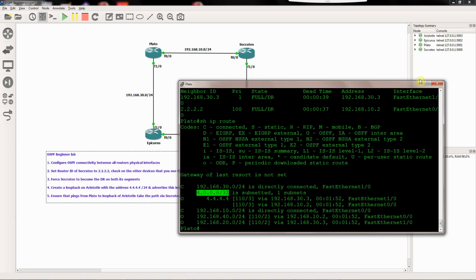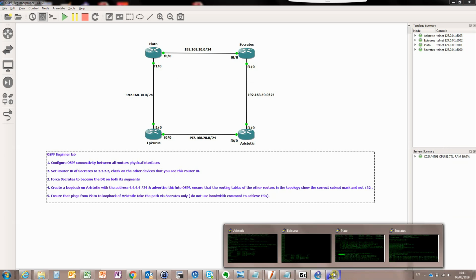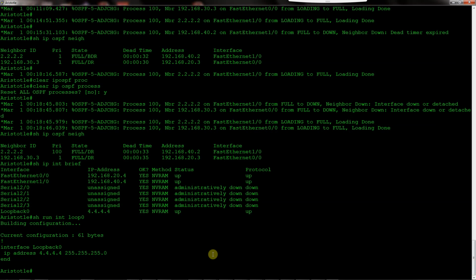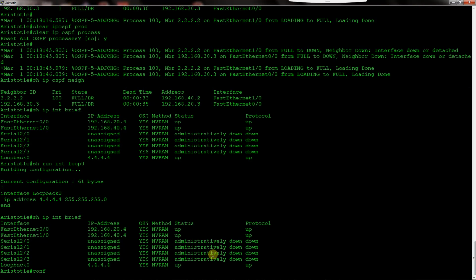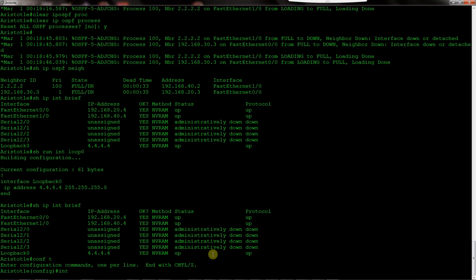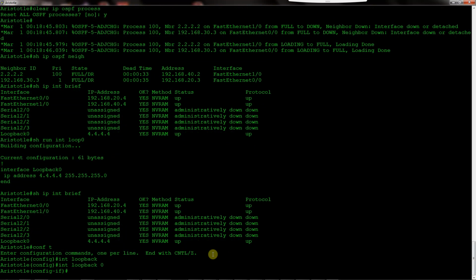If you want to change it so it's got the correct netmask in there, you must go to the device itself, on Aristotle. In the loopback configuration itself, you must change the loopback network type.